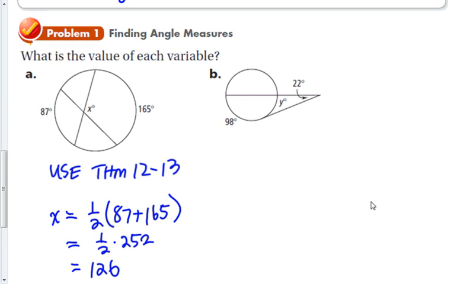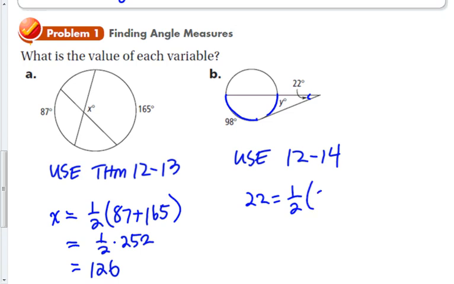And the second problem here, we're going to use theorem 12.14, and that theorem says that if the angle occurs outside the circle, then this angle here will be half of the difference between the two intercepted arcs. So this arc minus this arc. So 22 is equal to 1/2 of 98 minus y.